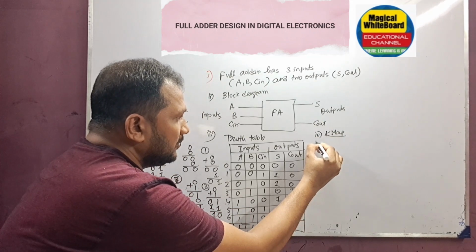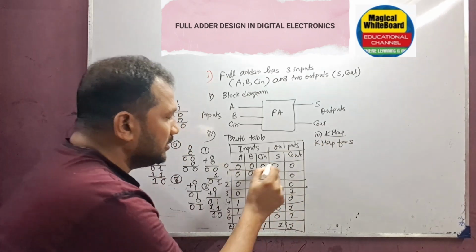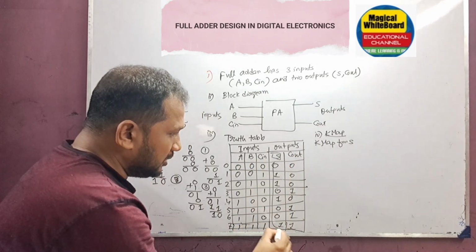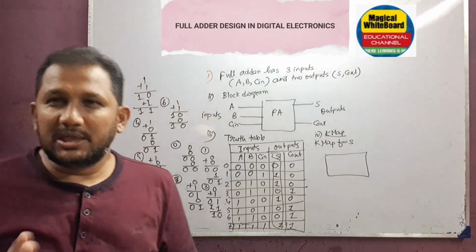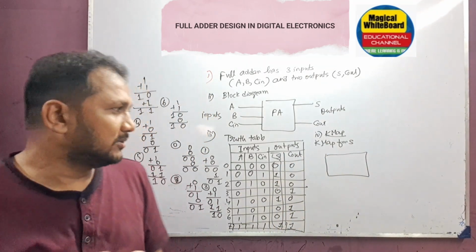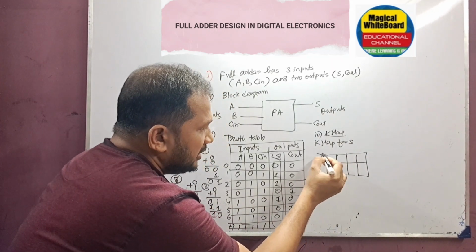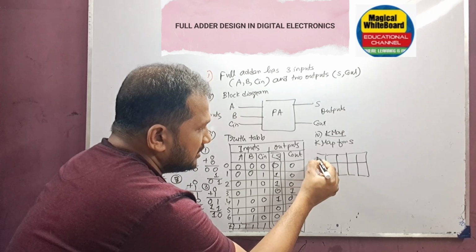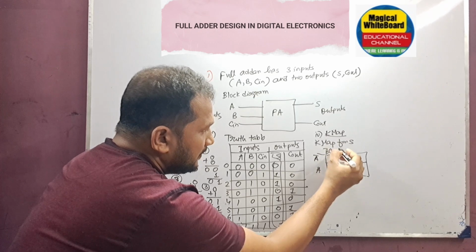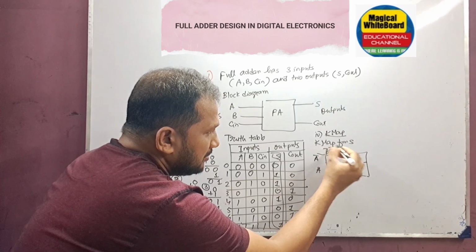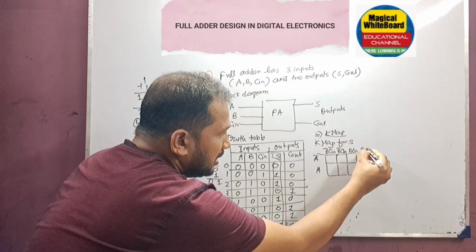K-map for S. Now this is S, the output combination values. Now this is the sum of product. In the case of a 3 variable K-map, there are 8 cells, with 2 rows and 4 columns. This is A, and this is B, Cin with the combinations B'Cin', B'Cin, BCin, and BCin'.